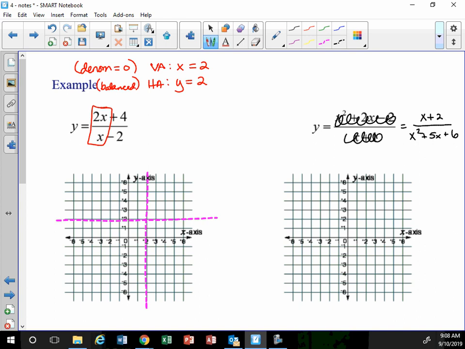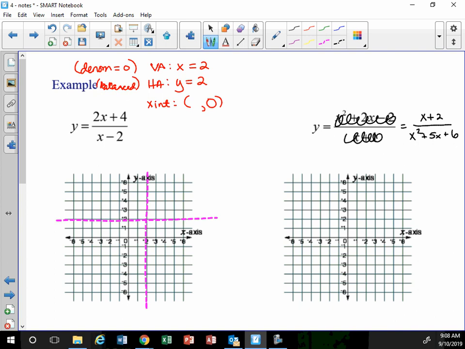All right, x-intercept. An x-intercept is an ordered pair. It's a point, and it means I'm on the x-axis, so my y value has to be 0. Okay, I have this fraction then that I am setting equal to 0.